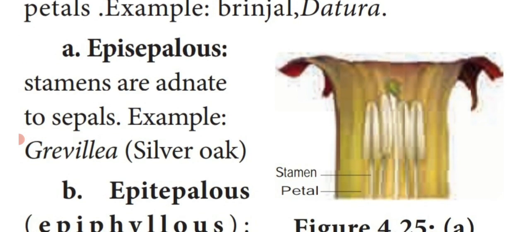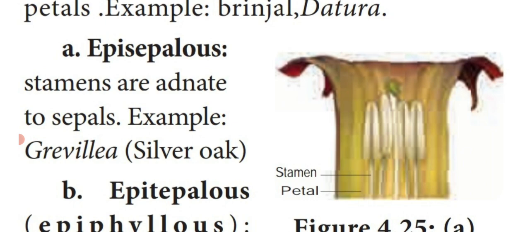Another one, episepalous. Sepal, what is that one? Individual unit of a calyx, isn't it? Here, the stamens of a flower are adnate with the sepal of a calyx. See, calyx is the first whorl, isn't it? Then the third whorl is the androecium. The androecium unit is stamen.